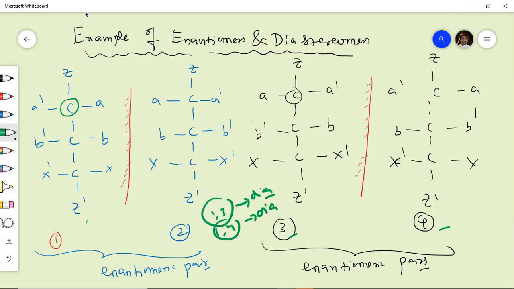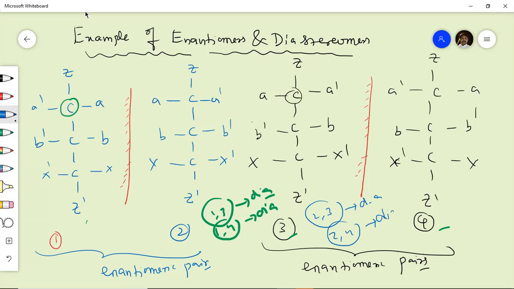Because they have the same molecular formula, different optical behavior, and are not mirror images of each other. Coming to figure 2, it has a diastereomeric nature with the fourth one and third one. So 2, 3 are diastereomers and 2, 4 are also diastereomers.